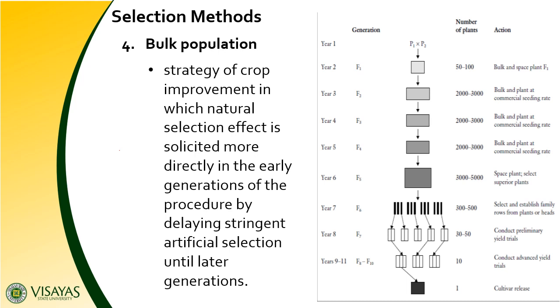So in this presentation, you have the cross, the generation of variability here, and then the F1 generation, and then the F2 generation. As you can see in the following years, no selection is done, no artificial selection.